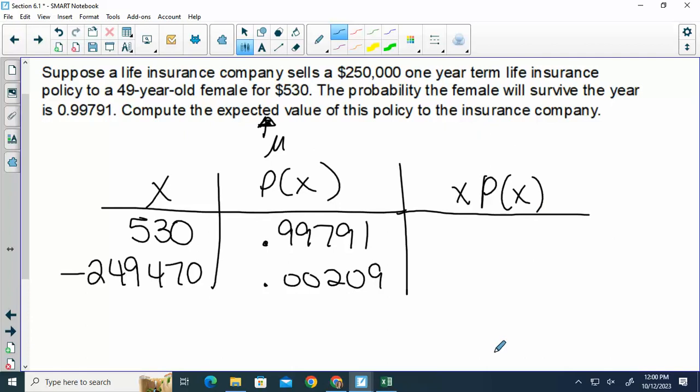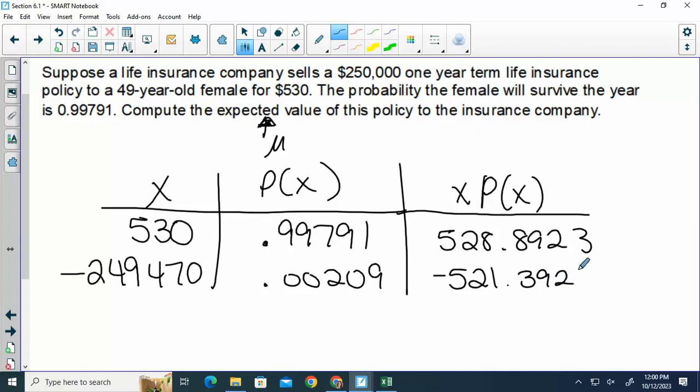So the mean, add those two numbers together.